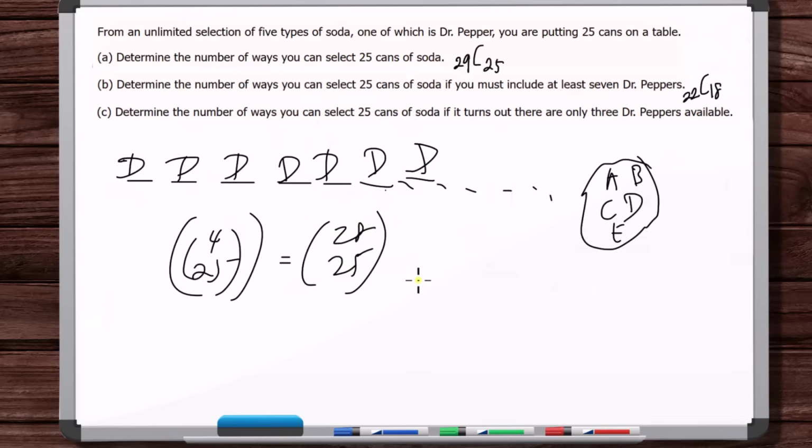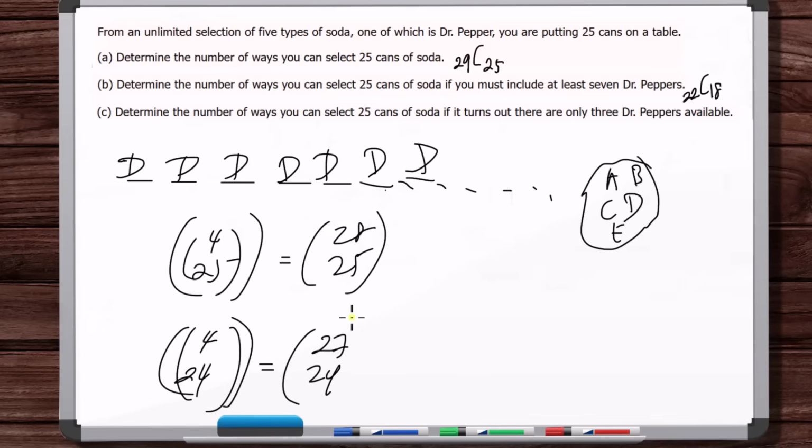We could have just chosen one Dr. Pepper. In that case, for the rest, we're choosing from 4, but there's 24 slots. So that's 27, choose 24.